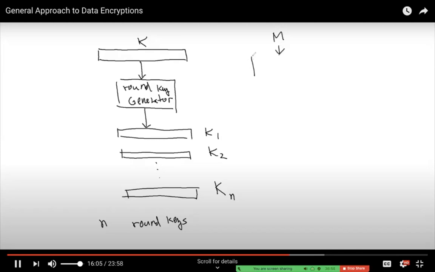Then what we are going to have is M. Let's say this is a sequence of operations.